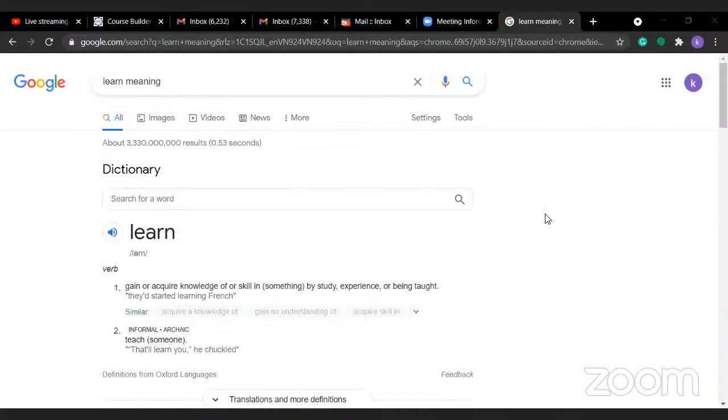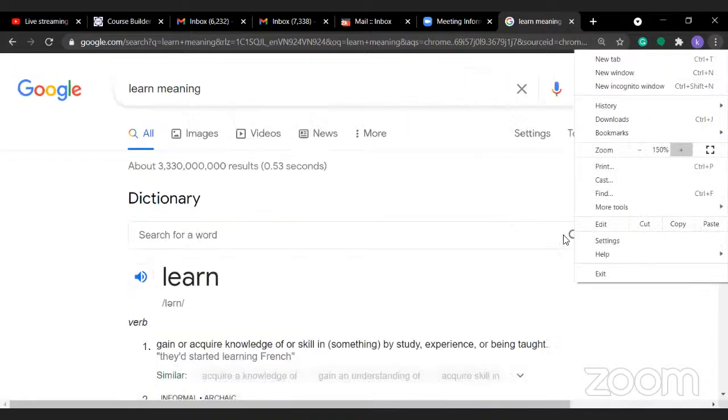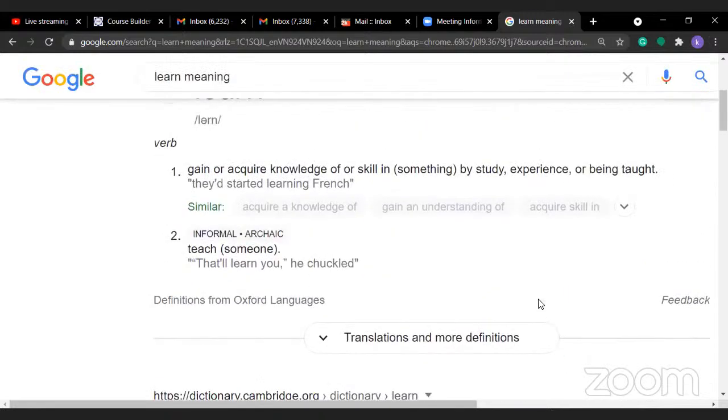And I hope that you're teaching this to your children. You can buy the book online and you can go through and teach your children these root words. Let me increase the size of this for those people who wear glasses. All right, so here we are.